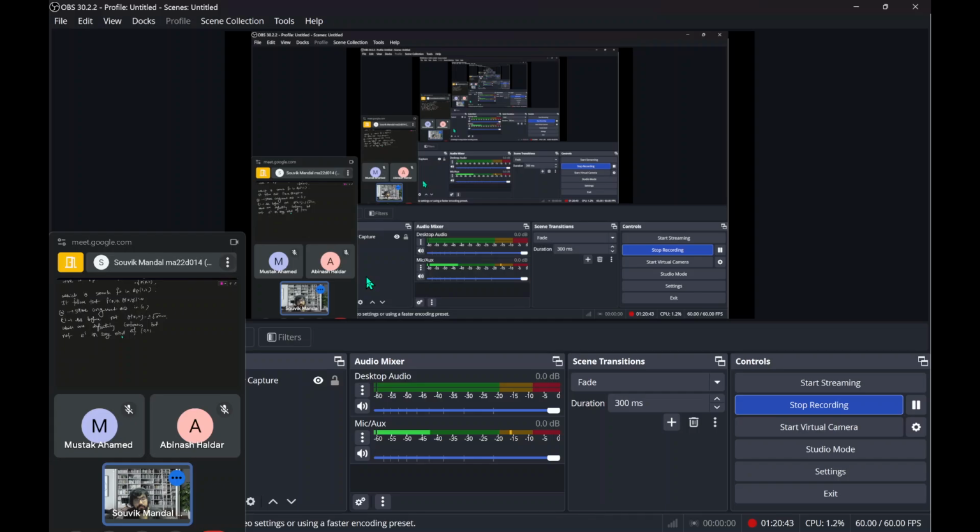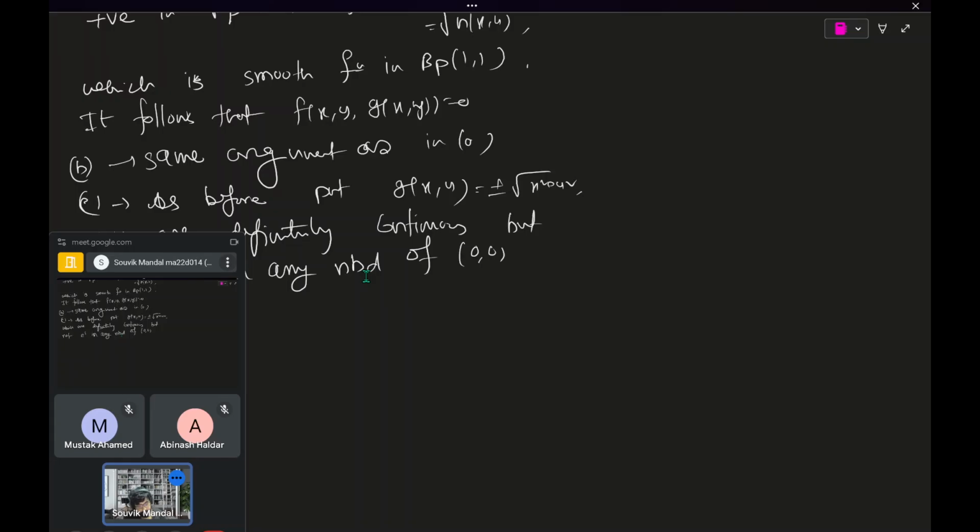Now question number two. True or false? Compact subsets of a topological space are always closed.